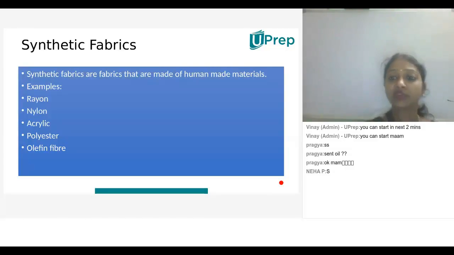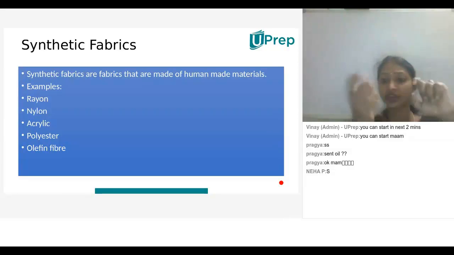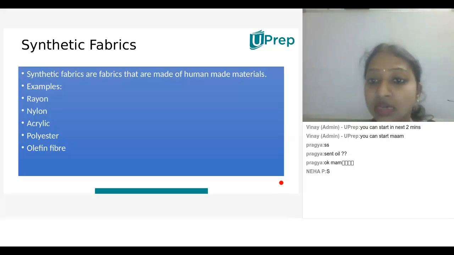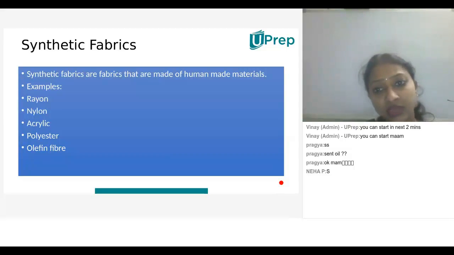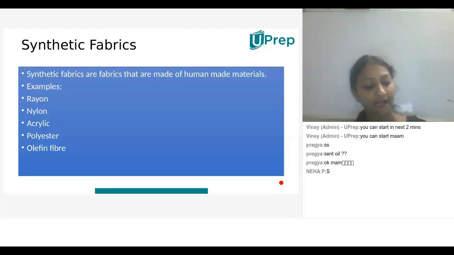Synthetic fibers are strongly bonded and interlinked with one another, so weaving is also very easy, and abrasion-proof means that if it happens to any one line, it doesn't disturb the other, because they themselves are stronger in that position. Understood? Yes, ma'am.